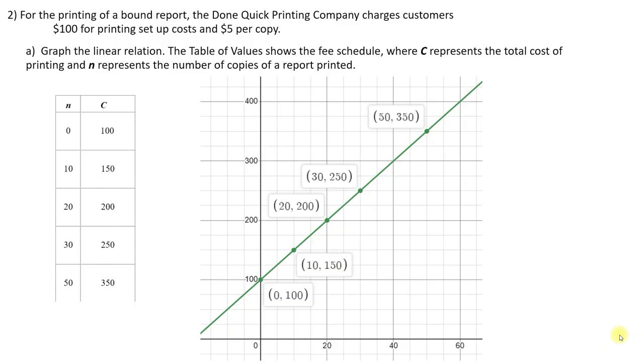For the printing of a bound report, the Done Quick Printing Company charges customers $100 for printing setup costs and $5 per copy. Graph the linear relationship. The table of values shows the fee schedule, where C represents the total cost of printing and N represents the number of copies of a report printed.